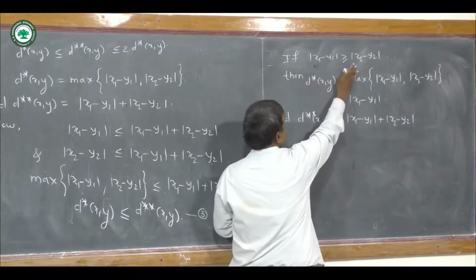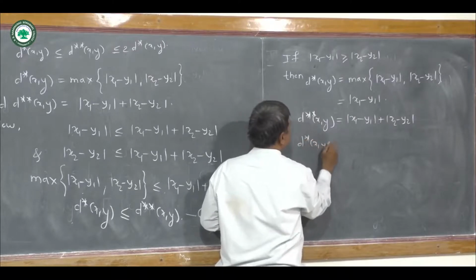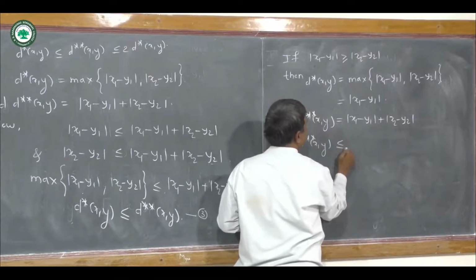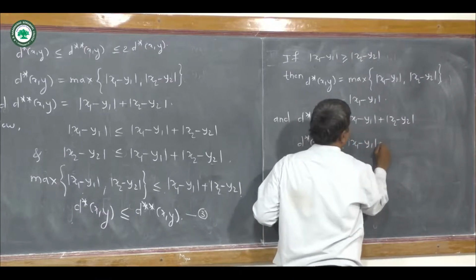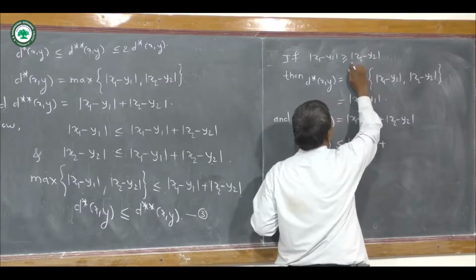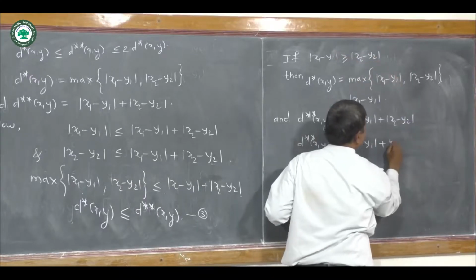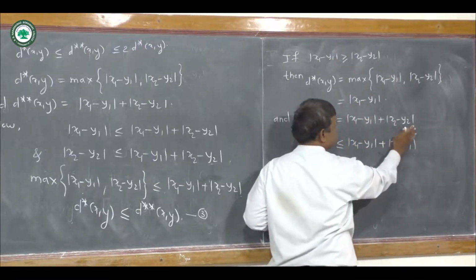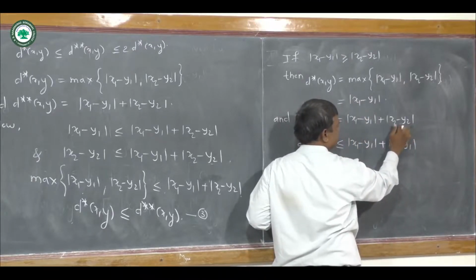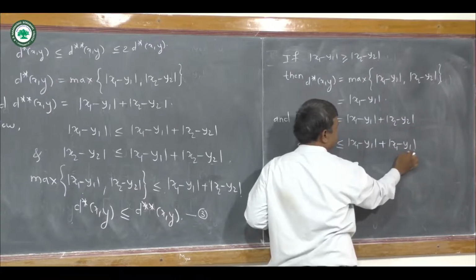Now we write d star star of x comma y is less than or equal to absolute value of x1 minus y1 plus, now we know that absolute value of x1 minus y1 is greater than absolute value of x2 minus y2, so absolute value of x2 minus y2 is less than or equal to absolute value of x1 minus y1.